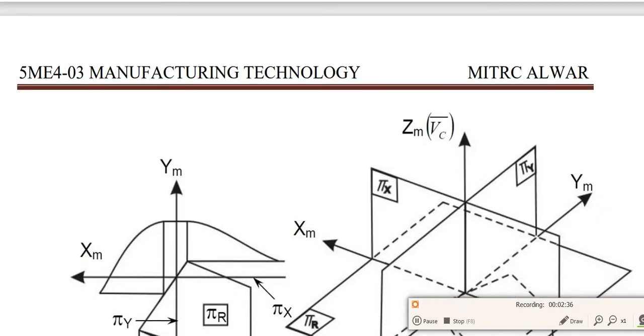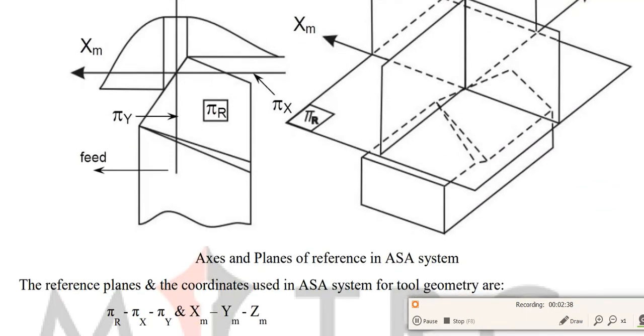Further, let us discuss the various axes. You can see the various axes and planes of reference in the ASA system. Here we can observe from the figure there is a reference plane denoted by pi r, pi x, pi y, and xm, ym, and zm.